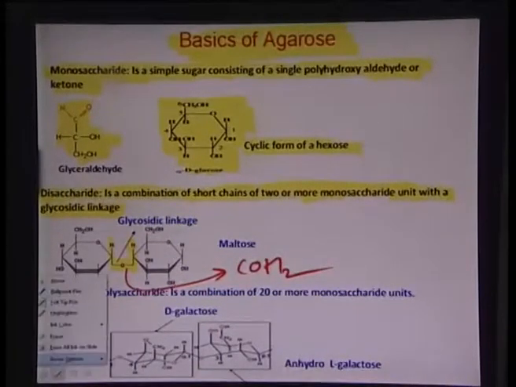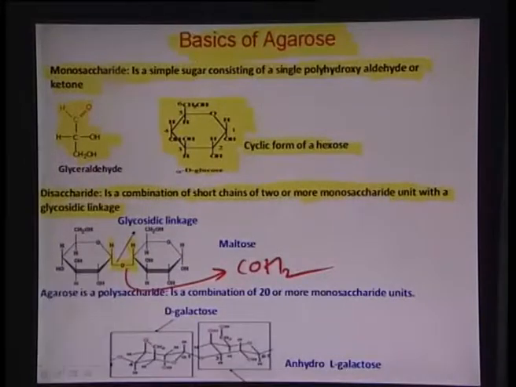So a disaccharide is an assembly of two monosaccharide units with a glycosidic linkage in between, as shown here. This, by the by, is maltose, which is a disaccharide.